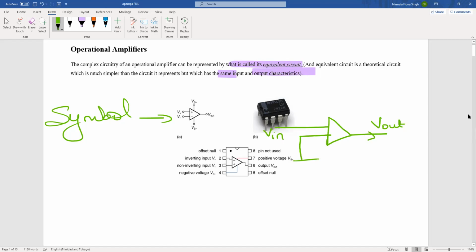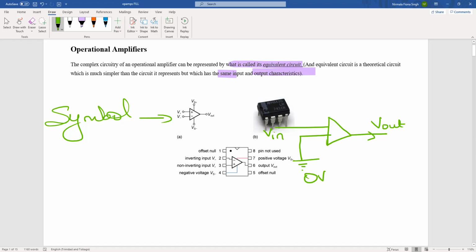Because one of them will be grounded, and a grounded input voltage is always 0 volts. So here we have an input, it goes through your amplifier, gets amplified, and is pushed out as your output voltage. So that's what the simple symbol of your amplifier looks like. You have two inputs and an output.